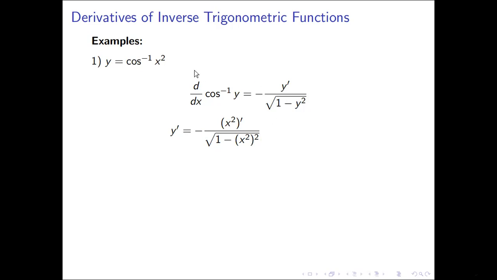And then y prime, I've written it here first. So we differentiate x squared here, and we put x squared here. All that's left is to differentiate x squared, the y prime. So we have that. Any question?